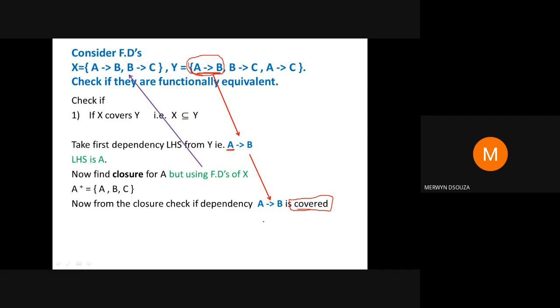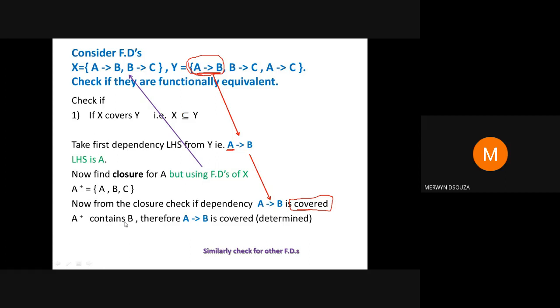To check that, we see whether the A closure we found contains B. If it contains B, we say that A determines B is covered. So we have checked whether A determines B is covered.